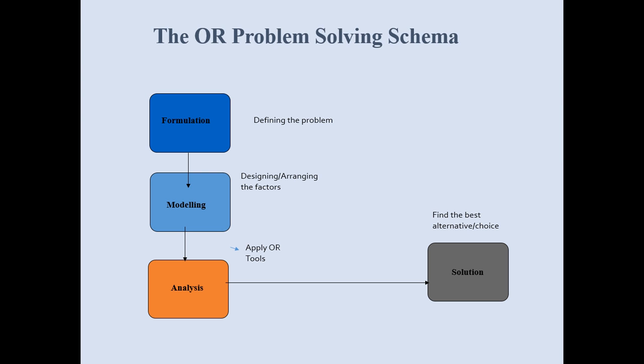So here also, once the modeling is done, we know which tool will be applicable to solve the problem, and accordingly, when we apply that tool, we reach the last stage, which is the solution. In the solution, again, you remember the basic definition of decision making.